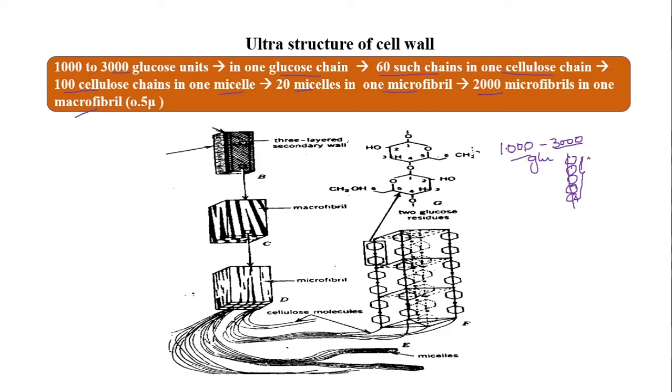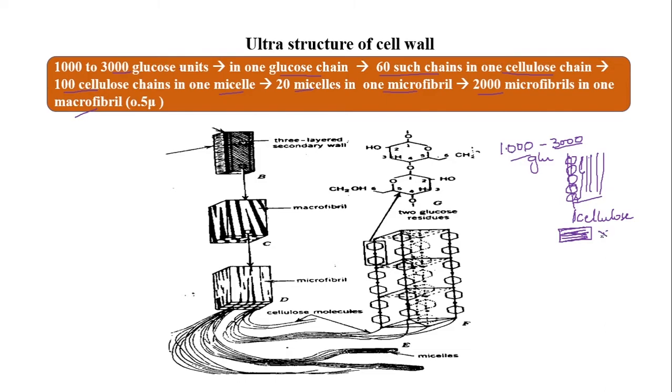And these chains, 60 such chains will form one cellulose. This is one cellulose unit which has 60 chains of glucose. Each chain of glucose will have 1000 to 3000 glucose units.